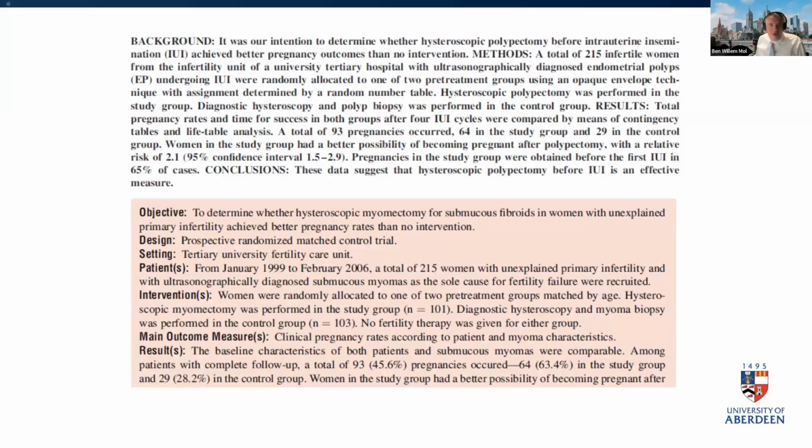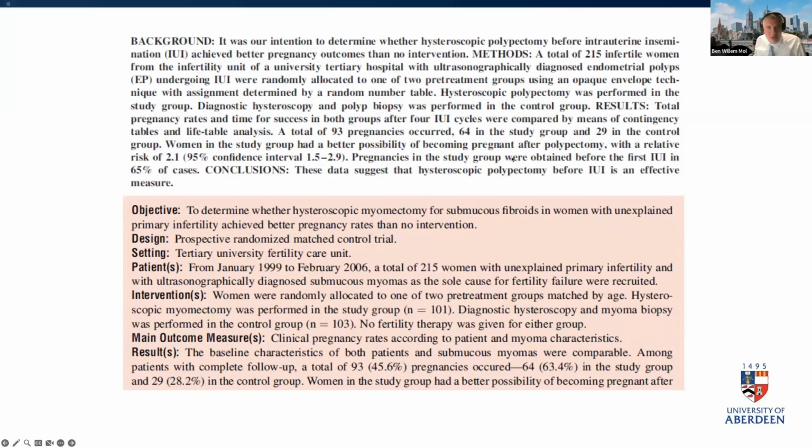But if you look carefully at the abstracts, there is actually a lot of similarity. It's both 215 patients, and then 93 of these patients get pregnant, and then the distribution is 64-29, and that's exactly the same in both studies.